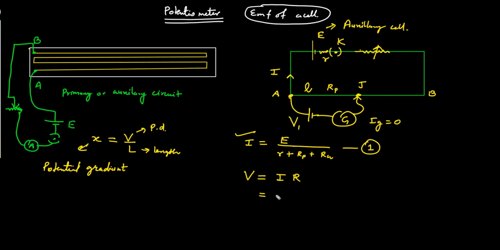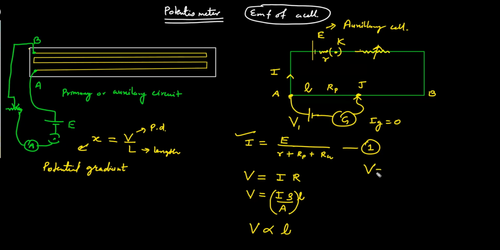At the same time, R equals rho L upon A, right? Yes, sir. Now, I rho upon A is a constant. In the circuit, current is constant, resistivity is constant, area of wire is constant. So, V is proportional to L.